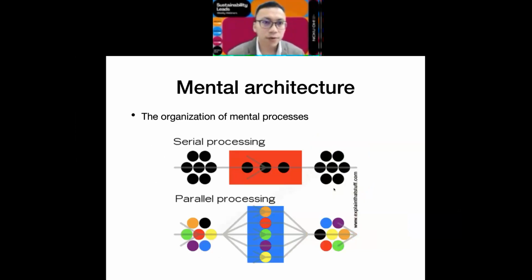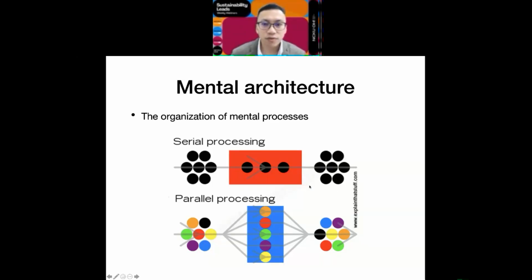For the first one, the mental architecture denotes the organization of multiple mental processes. It describes the order in which signals from different sources are processed. It could be divided into at least two kinds.